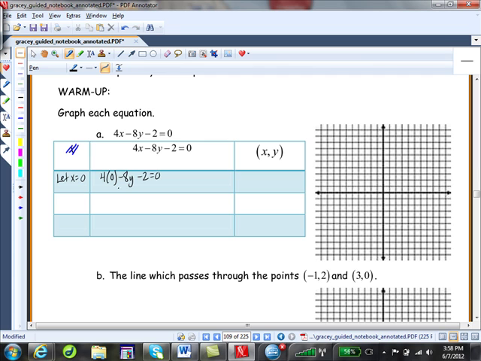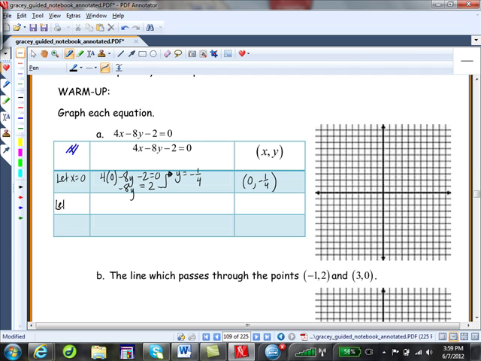That'll give me negative 8y. Then I'm going to get that 2 to the other side and say that it equals 2, adding 2 to both sides. And then if I divide both sides by negative 8, I will get y is equal to negative 1/4. So my ordered pair is 0, negative 1/4.